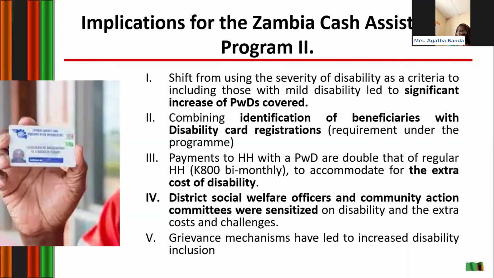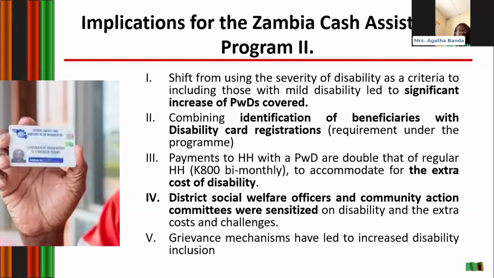But with the concerns raised by persons with disabilities themselves, the organizations of persons with disabilities, this was changed, and now the program allows those with moderate disability to also be considered.